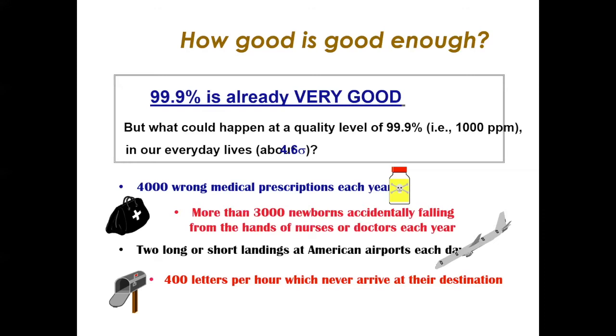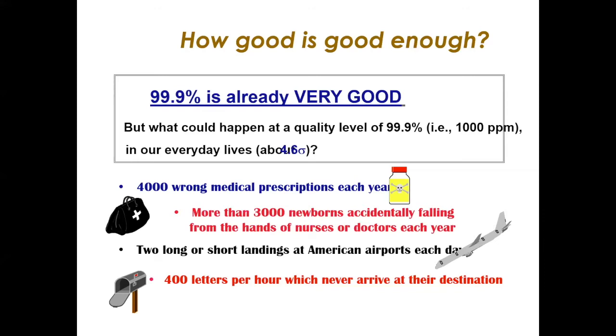So if this is the level of quality of your production process, then you have about 1,000 parts per million. ppm stands for parts per million. So this is the amount of bad products that you're producing in every 1 million products.